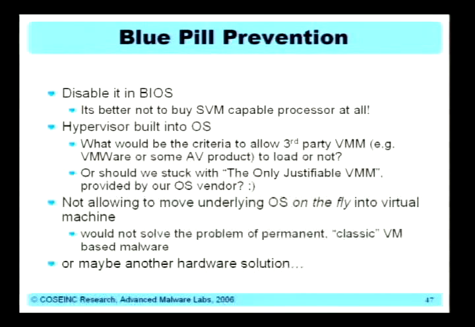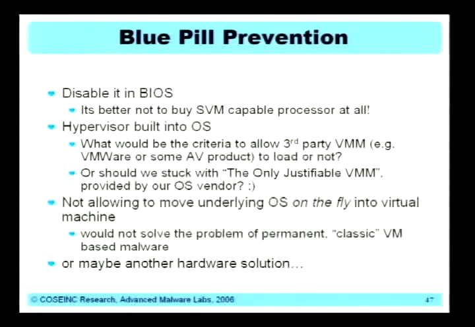Still, it's a little bit of a crazy idea to recommend it as a protection, because we had all those people working for many years to come up with this virtualization technology just for us to disable it in the BIOS, right? So it doesn't make much sense. And of course, virtualization technology is very cool. It should allow for doing very good things, right? Not only for creating malware.